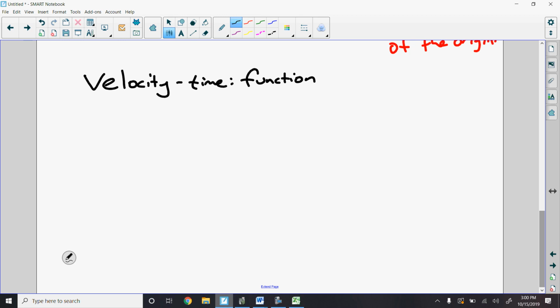Generally speaking, they use v of t for velocity. What's important to know about velocity is it gives you the rate of change of your position.